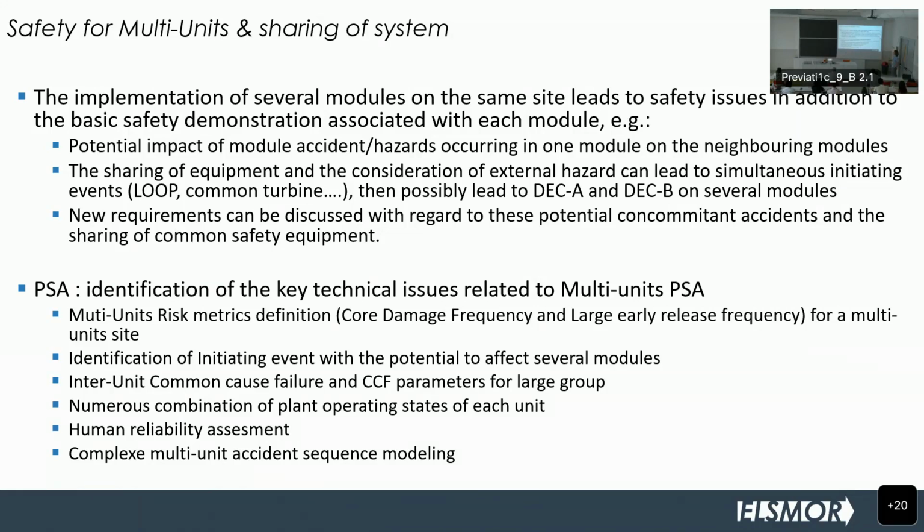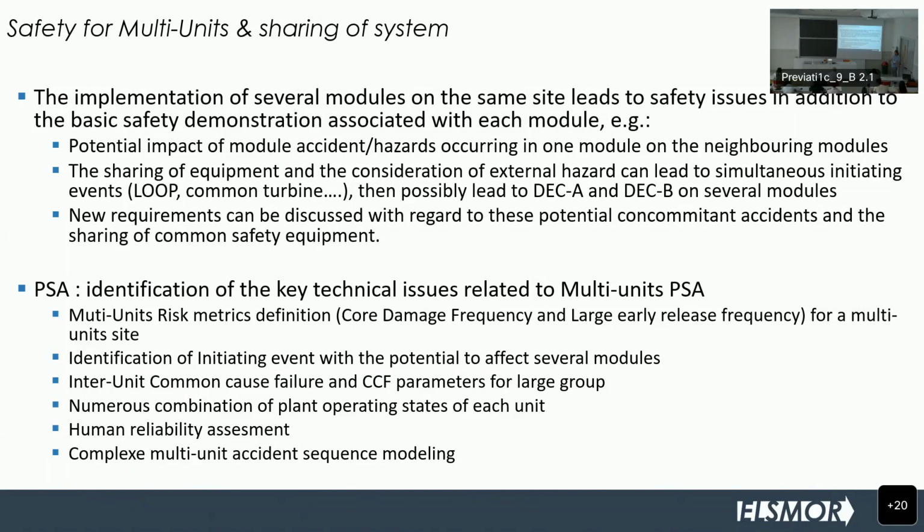There's also a whole issue of probabilistic safety analysis, which is complicated by the fact that usually you have PSA level 1, which gives you core damage frequency, PSA level 2, telling you how much radioactive release happens, and PSA level 3 on the environmental effects.